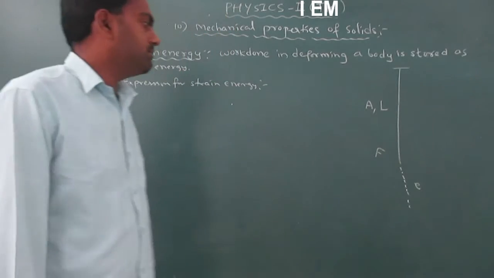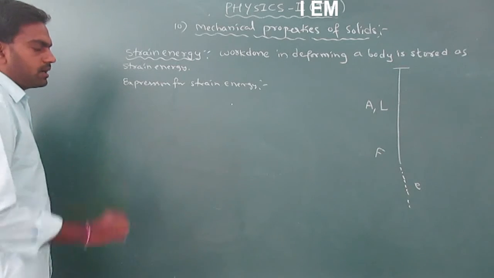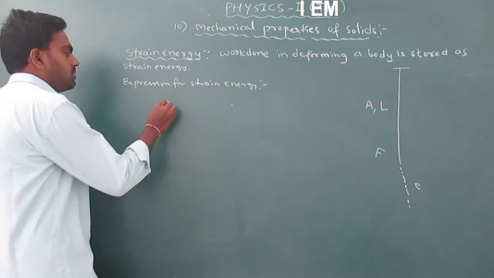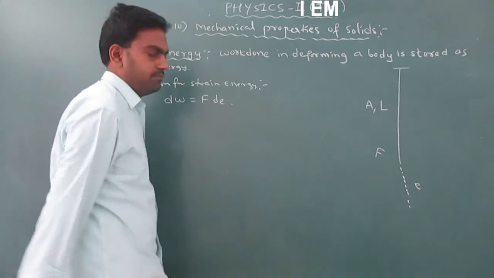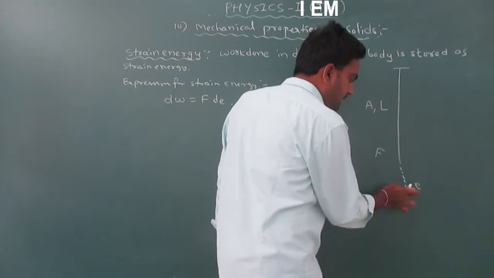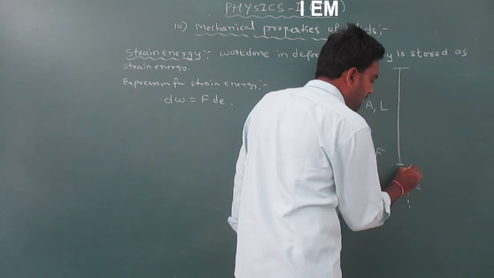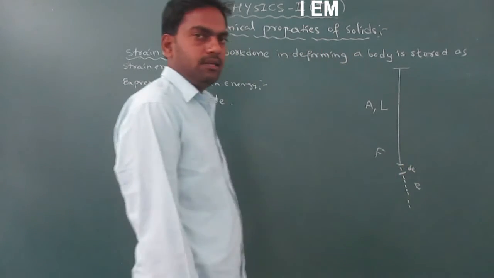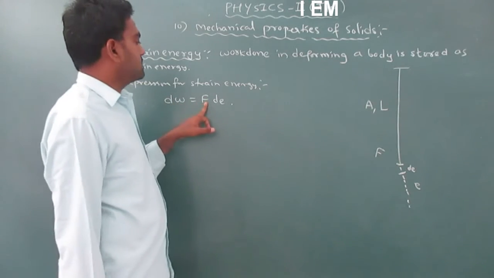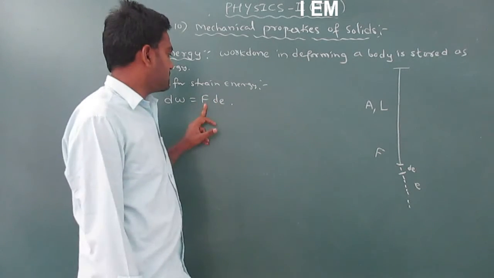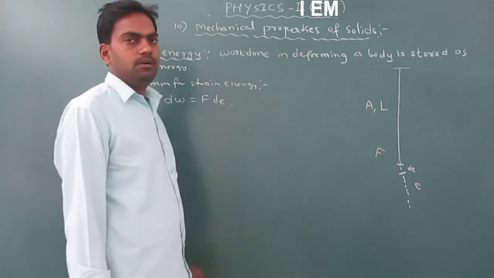The total extension goes from 0 to e, but here we take a small extension dE. So the small work done dW is equal to force into displacement, that is, dW is equal to F into dE.